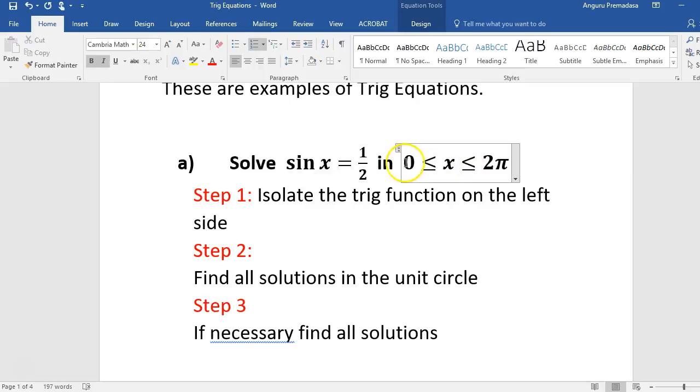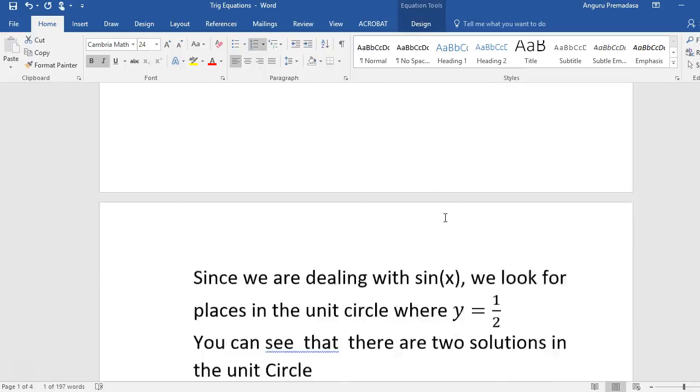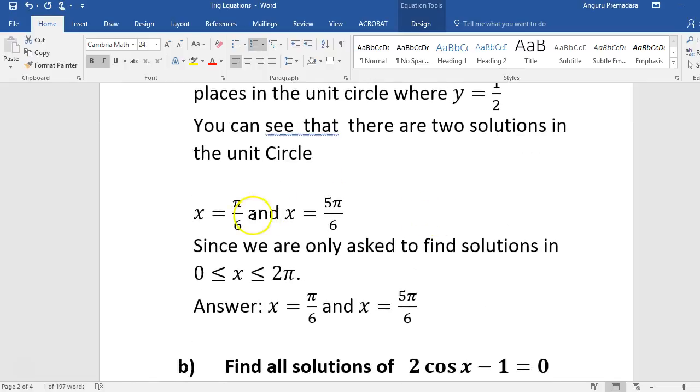No, actually they only want you to find the solutions between 0 and 2 pi. So 0 is 0, 2 pi is 360. They only want the solutions between 0 and 360. That means they only want the solutions in the unit circle which we have found. So our answer is pi over 6 and 5 pi over 6. That's our answer.